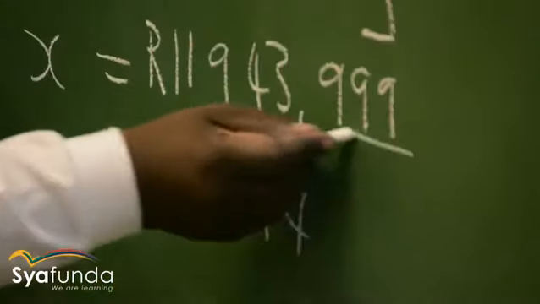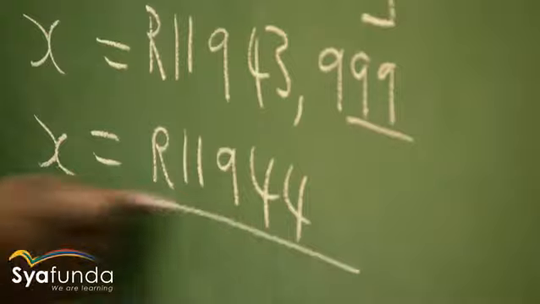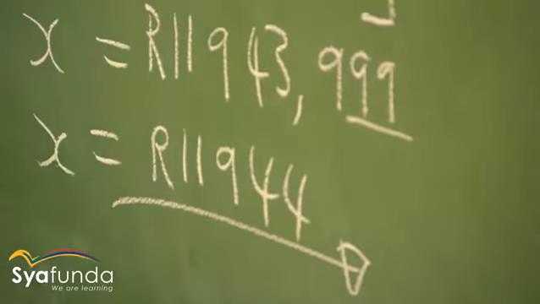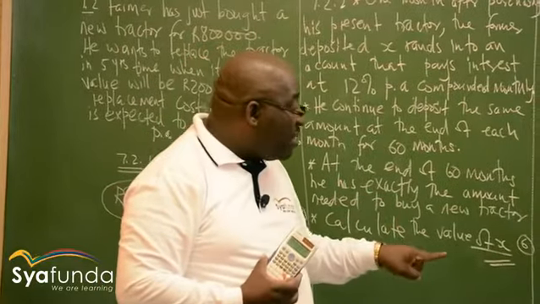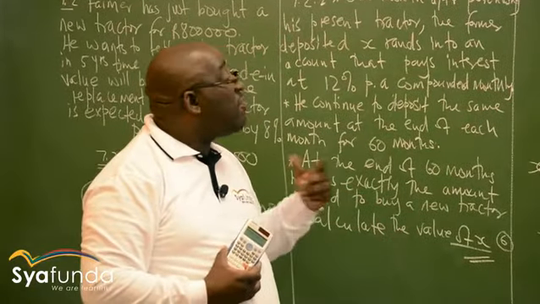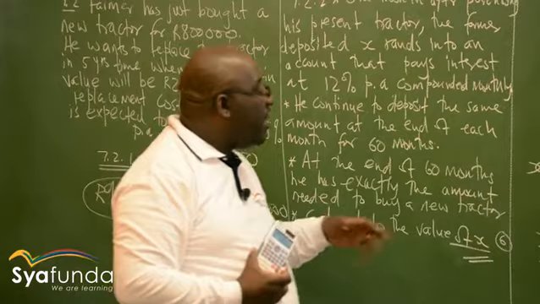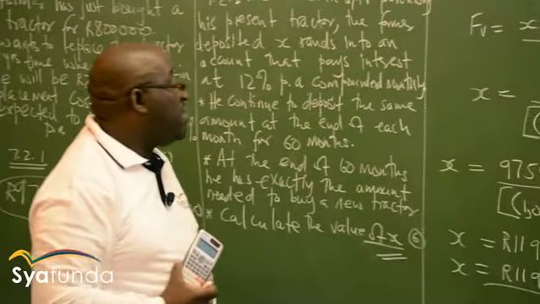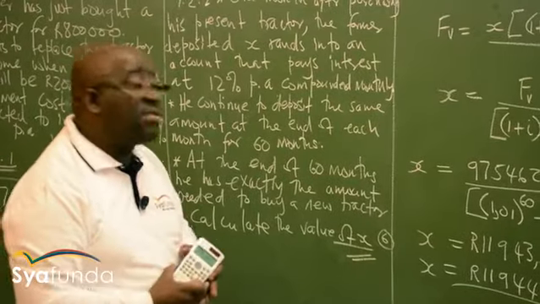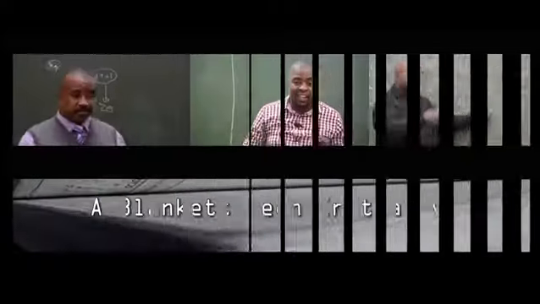Because we've got higher values of 9 there, we're allowed to round it to 44. So what is this saying to us? This farmer needs to put every month R11,944 so that he will have this amount at the end of 5 years, which is R975,462.46. Thank you.